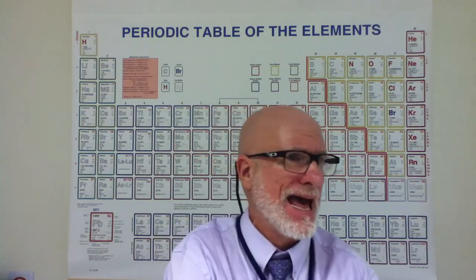A cation is a positively charged ion. An anion is a negatively charged ion. You may remember that from cathode and anode.